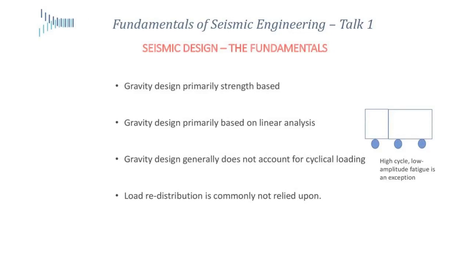Okay, so what we've been very used to as structural engineers is gravity design, and pretty much all of us can turn on gravity, and it acts in a single direction. It acts downwards. It never changes. It never reverses. Our truck loads are always acting downwards, and our design is primarily based on strength.